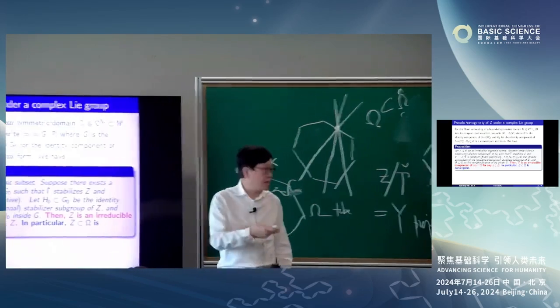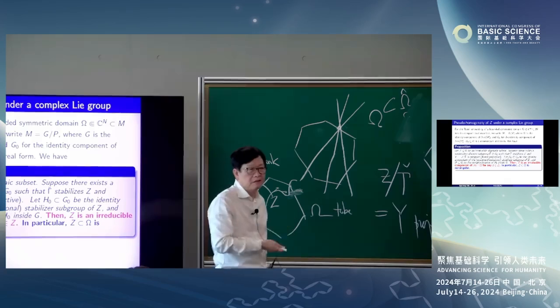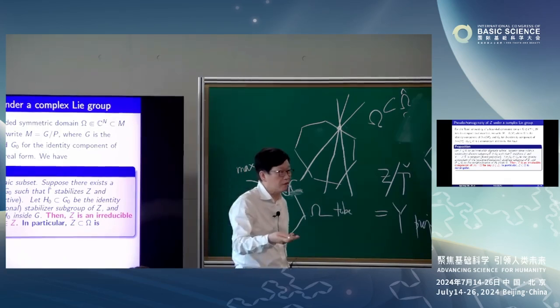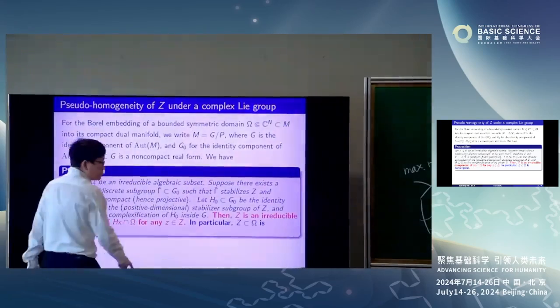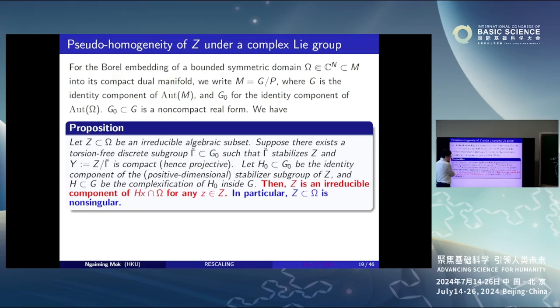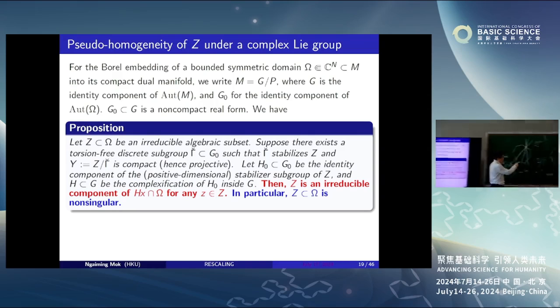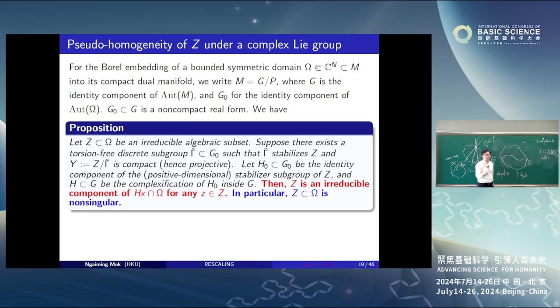By the Borel embedding, you can complexify it, and that acts on the dual space. So the statement here is that if you look at this H0, which is non-trivial, you complexify it, then one can show that this Z is actually pseudo-homogeneous under H. Pseudo-homogeneous means that if you make H act on it, it may go out of it, but it preserves the whole set.